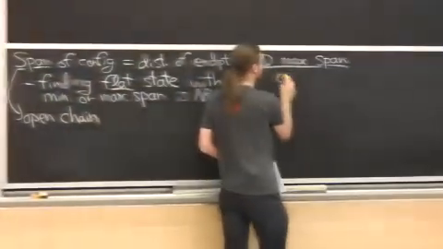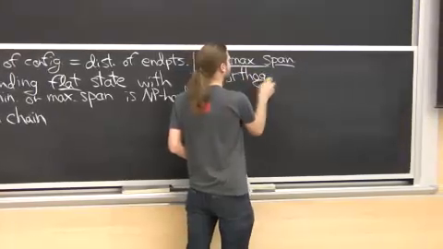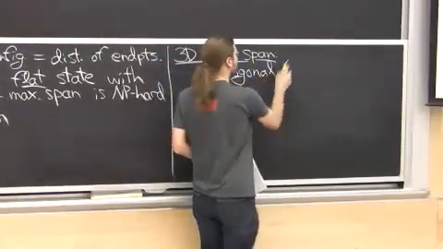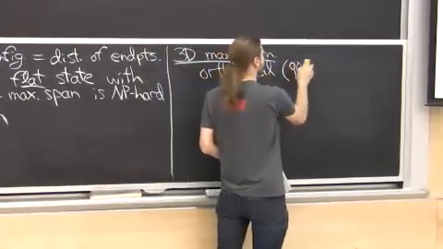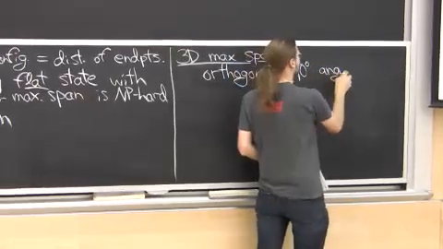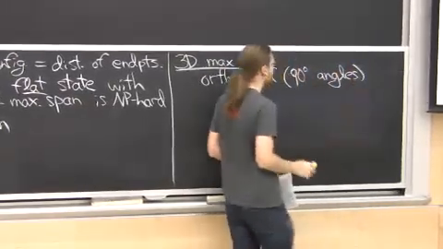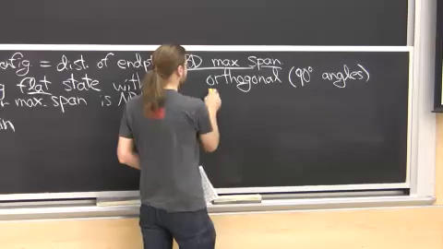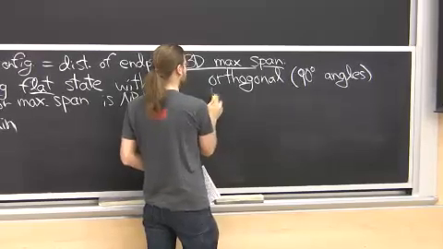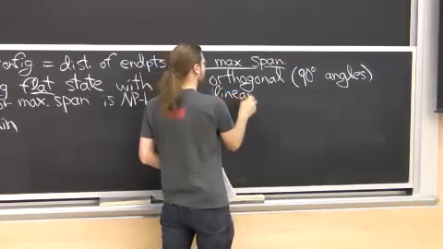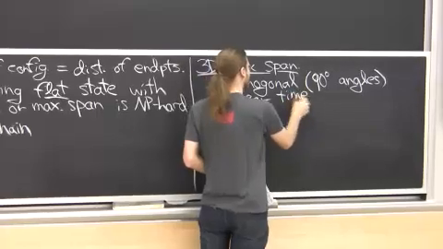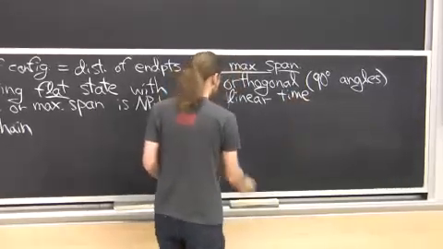It's still not known whether we can solve this problem in polynomial time. But for orthogonal chains, where all the angles are 90 degrees, we can solve that in linear time, I guess. And here's what it looks like.